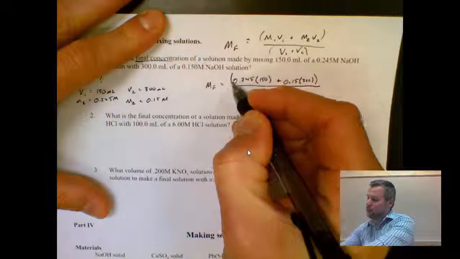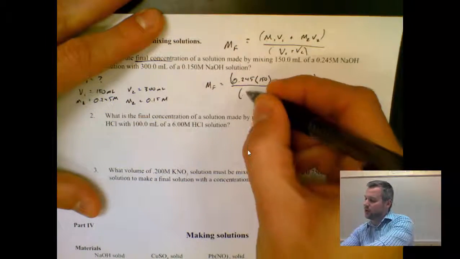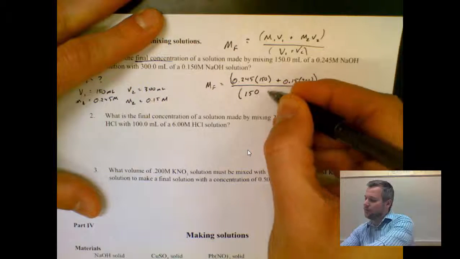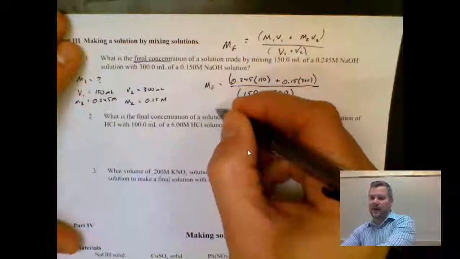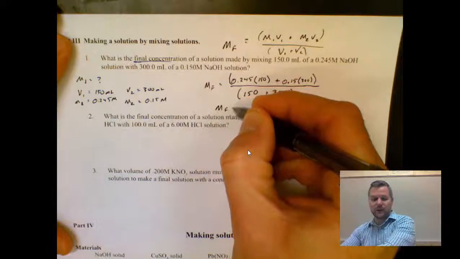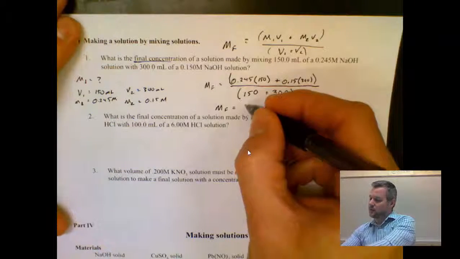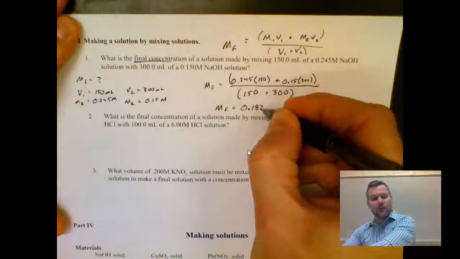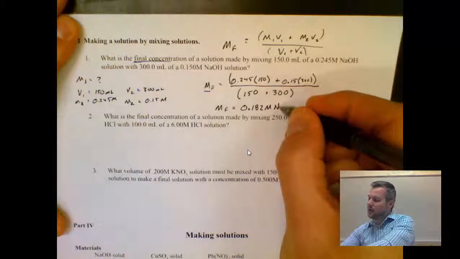To keep everything orderly, throwing the whole thing in parentheses. And then the bottom, you need your volumes again, 150 plus 300, so a total of 450 milliliters. MF, if you solve for this, ends up being 0.182, and that's big M, because you're solving for molarity, and that's sodium hydroxide.